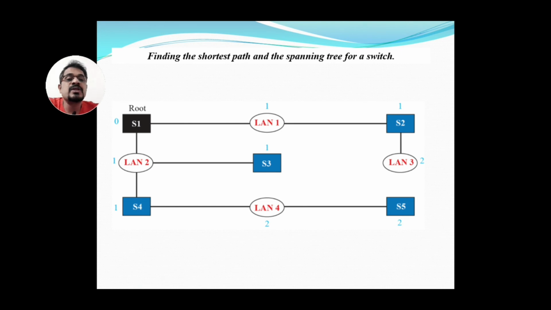So this S1 node can reach all other LAN networks as well as all other systems with a lesser cost, a minimum of 1 and a maximum of 2. This is the shortest path.